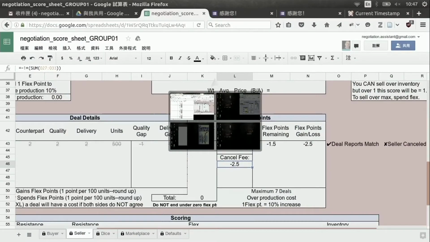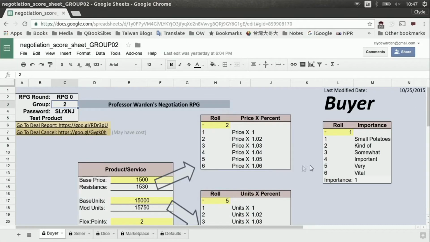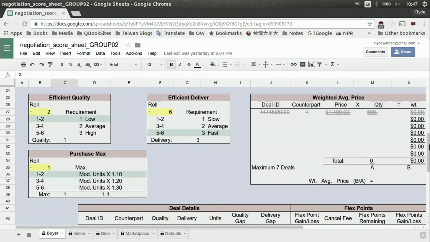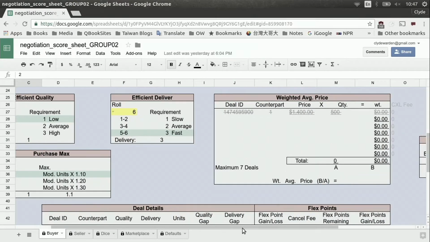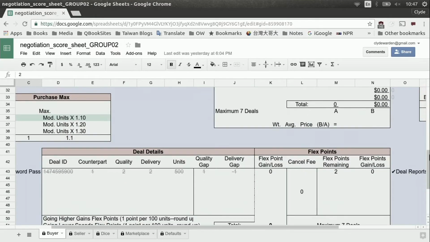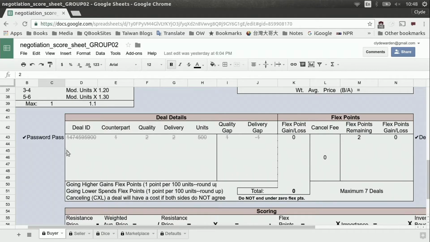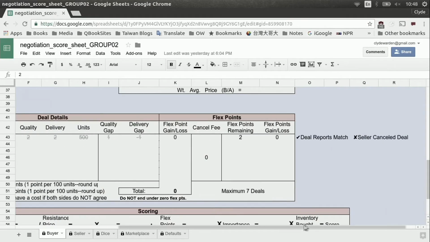Now let's look at the other side of this deal. This would be the buyer, group number 2. And we can come down, and again, here's their information, but now you can see it's canceled. So the weighted average, that's canceled there. And you can see down here, we have a canceled deal. Password pass, it was approved.